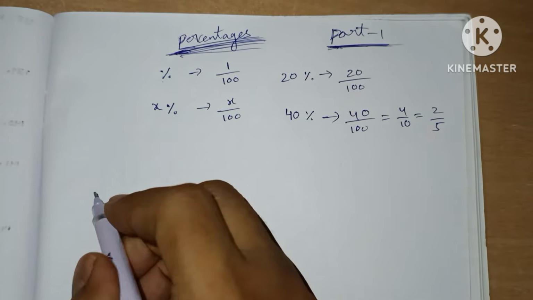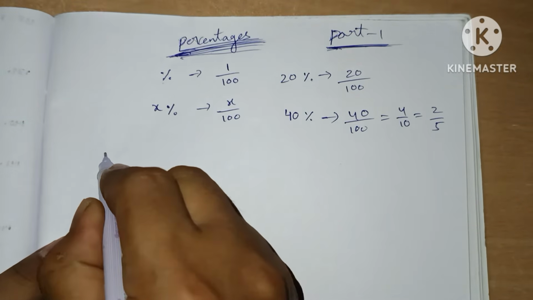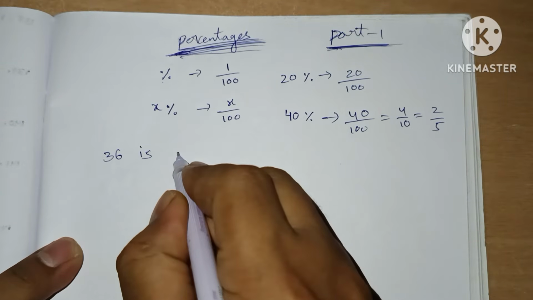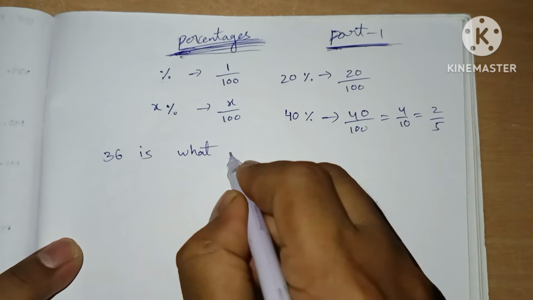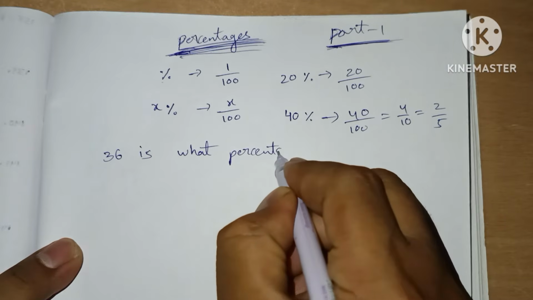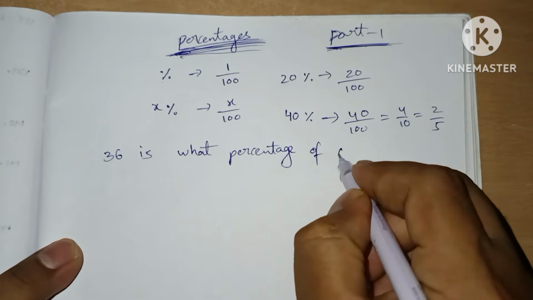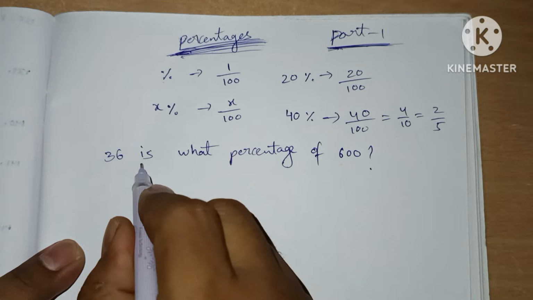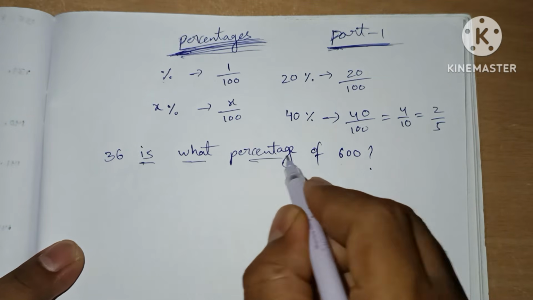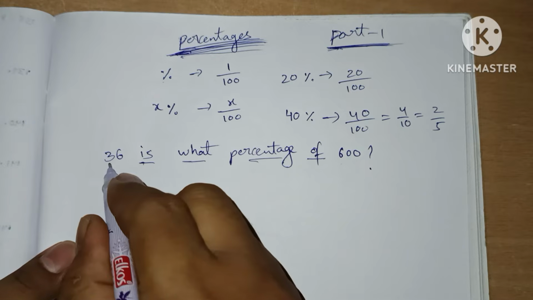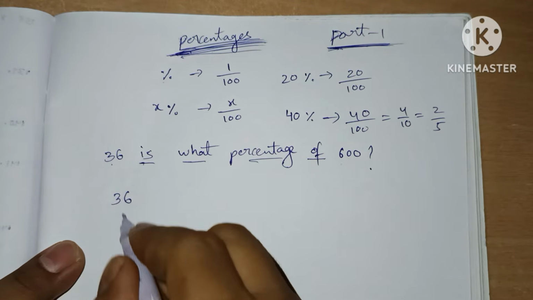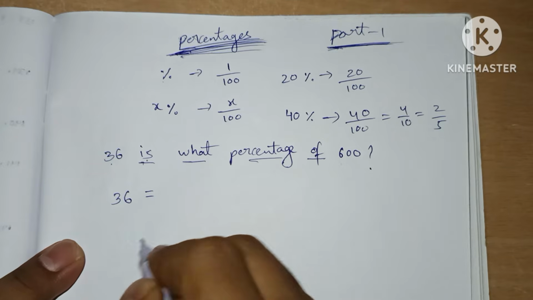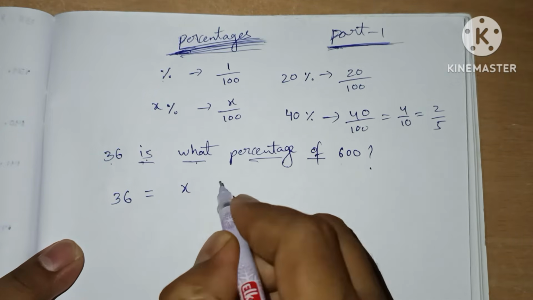Now we are going to see a very basic question of percentages. 36 is what percentage of 600? First, we need to know the terminology: is, what percentage, of. Here, first we write 36 as it is, is equals to what, meaning x.